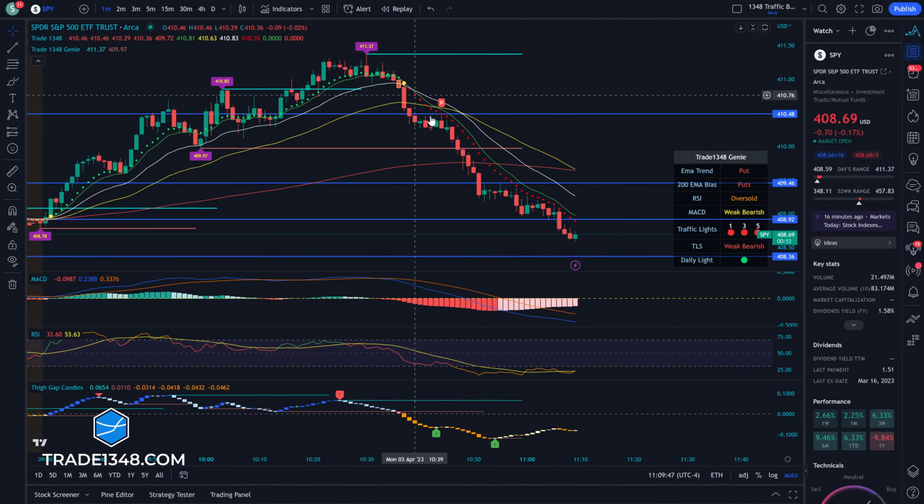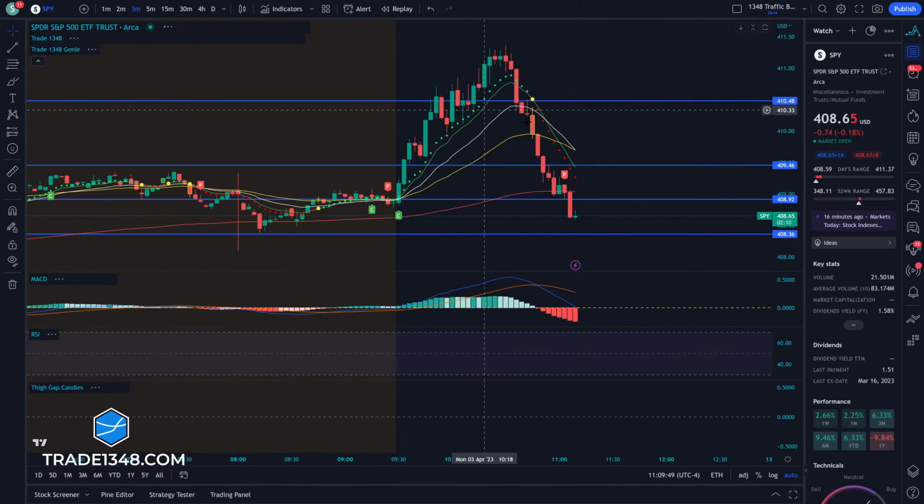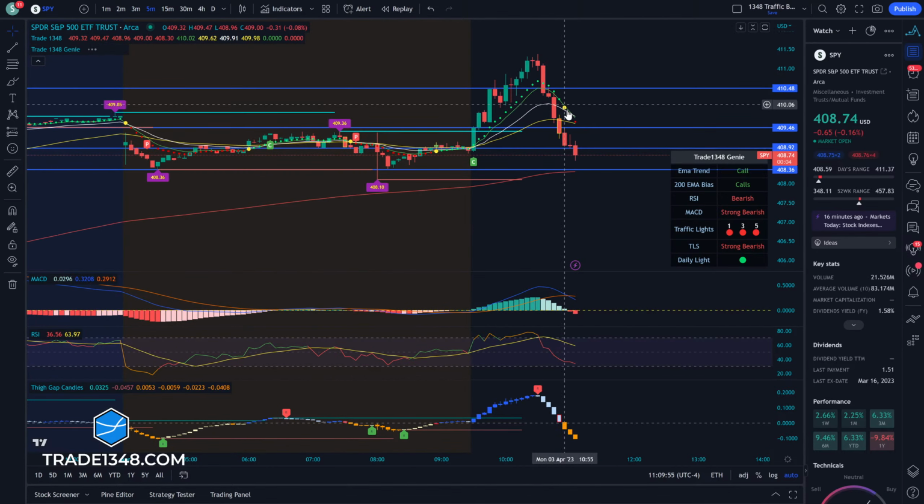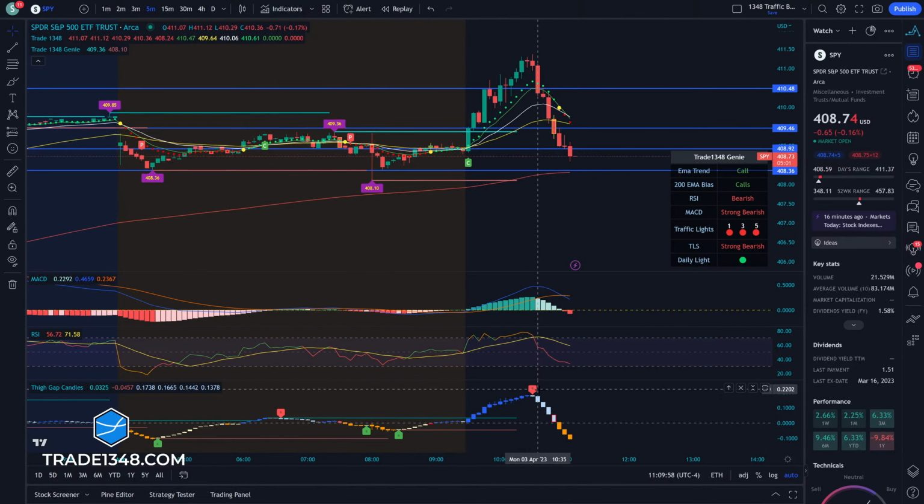Look at that SPY death. Oh man, look how beautiful this is. Look at the 5. This is a thing of beauty. The reversal, how it brings you into the traffic light, how it gets you below the levels. This is beautiful. Good stuff. Really, really, really good stuff.